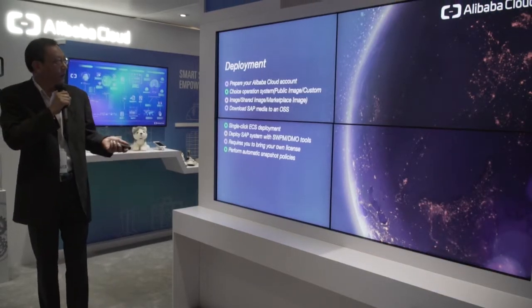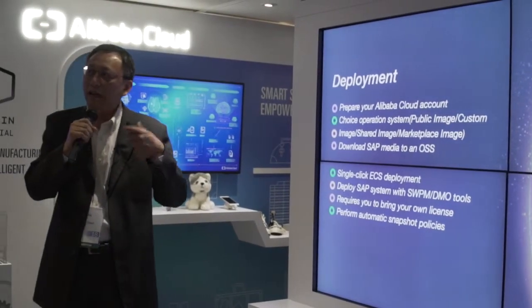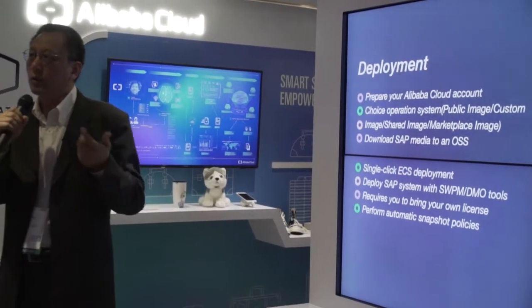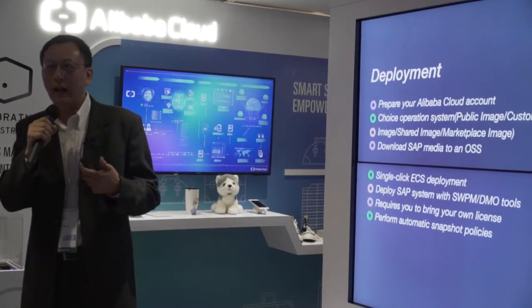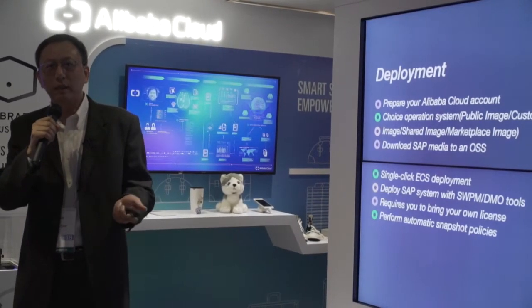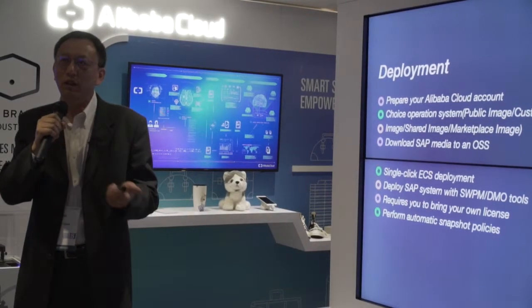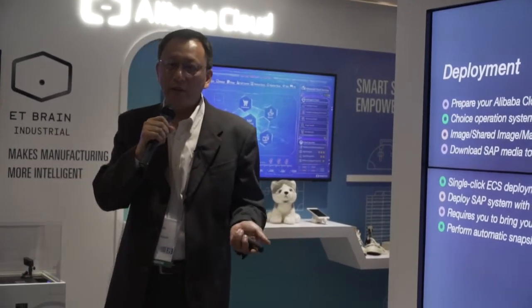Once we have the environment prepared, the architecture designed and the plan we already have, now we're going to deploy that. The deployment of SAP running in Alibaba Cloud is really simple. It's no different than just creating a user account first.